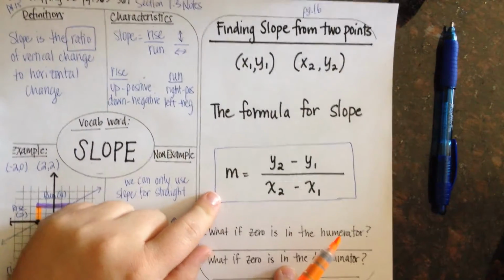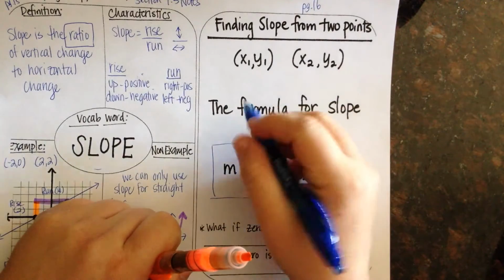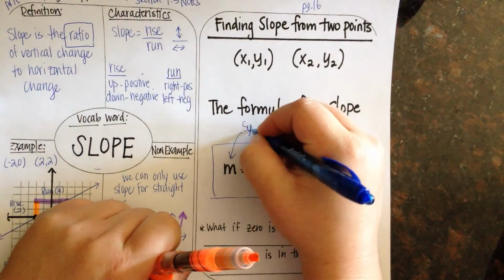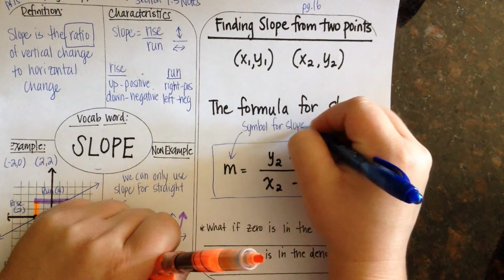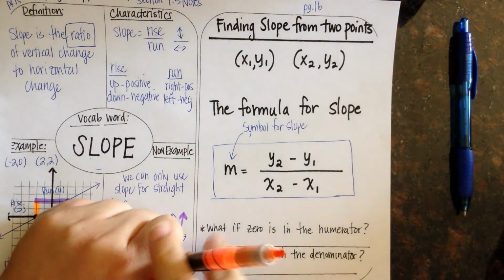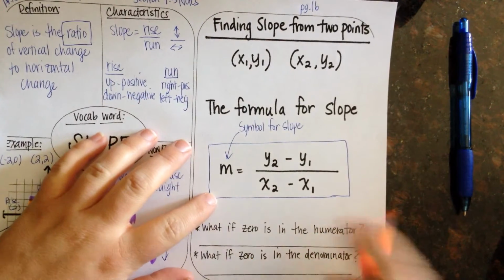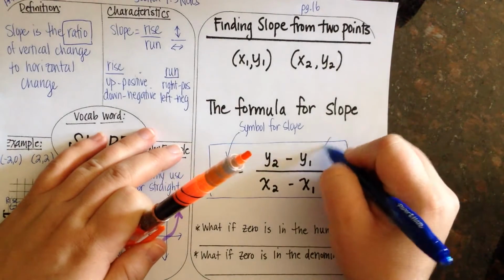So if you look down here at your formula, m is the symbol we use for slope. So if you see a problem that says m equals a number, then that's telling you what the slope is. In the formula, this is my vertical change.